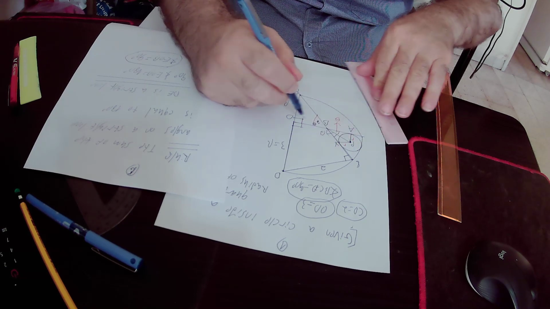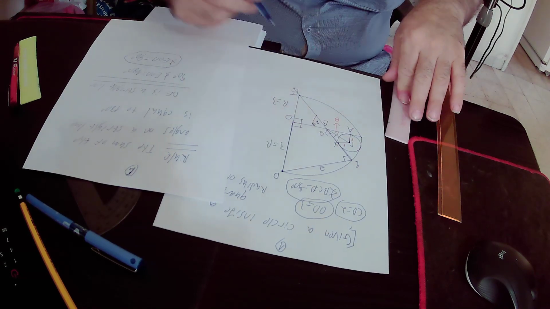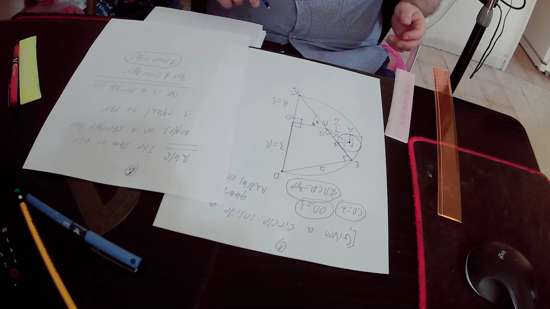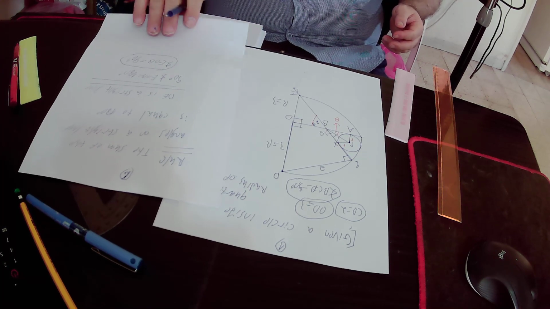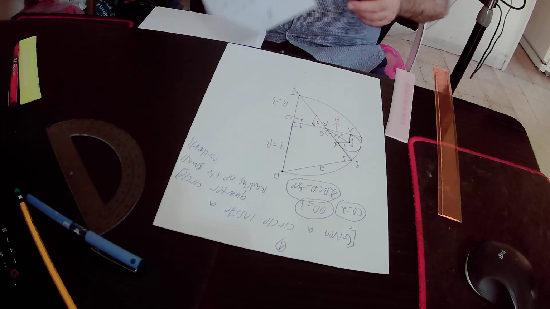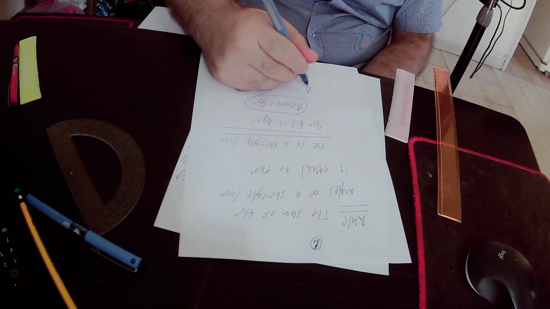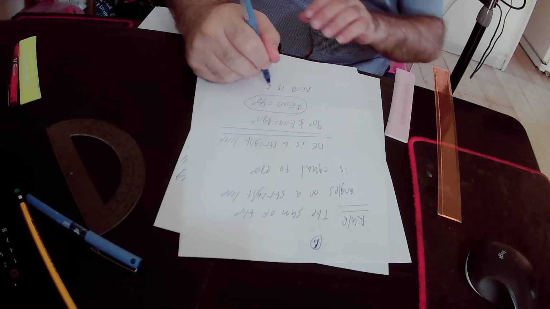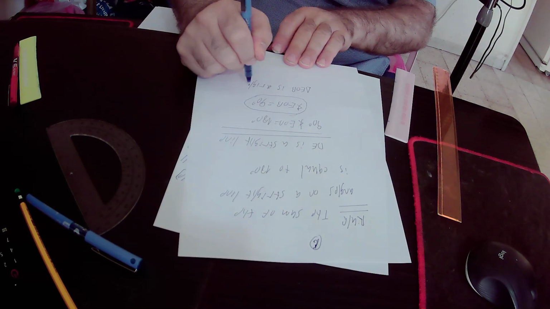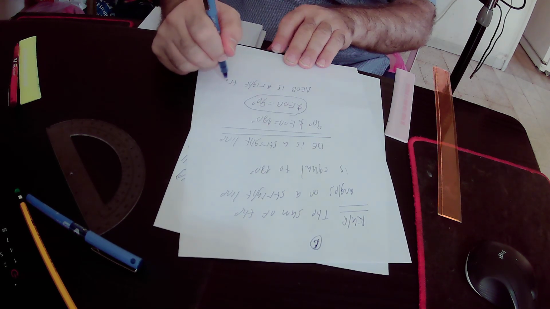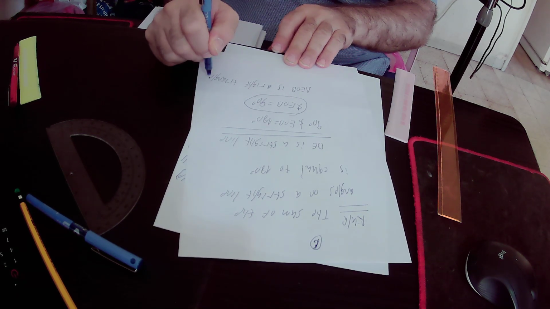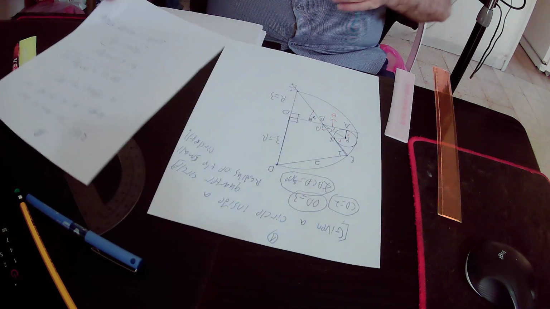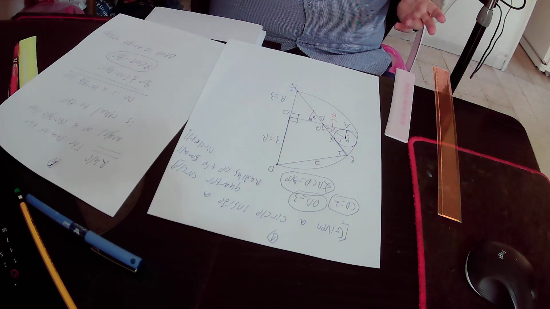So if angle EOB is a right angle, then triangle EOB is a right triangle. So we know that the sum of the angles in any triangle equals 180 degrees.